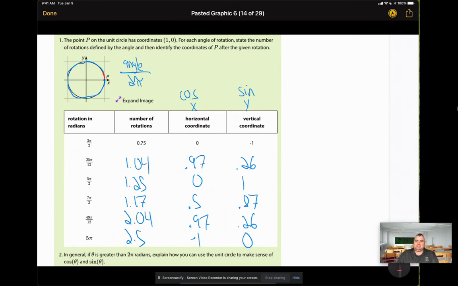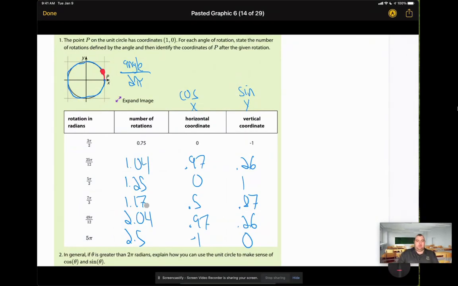So that's just a teeny tiny bit the second time, because a quarter, 0.25, would be up here. So it's going to be about there, roughly. Okay. So the cosine at that spot right here is going to be the same at 1.04 rotations as it would be at 0.04 rotations.